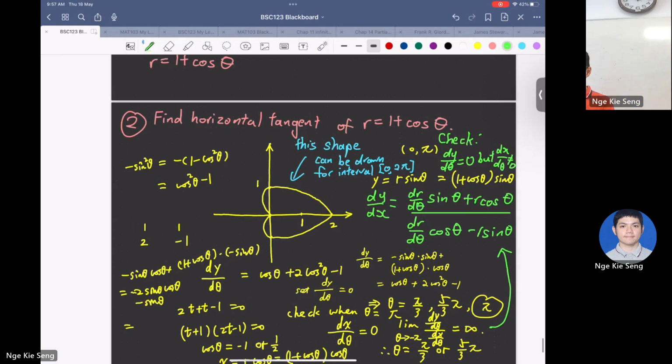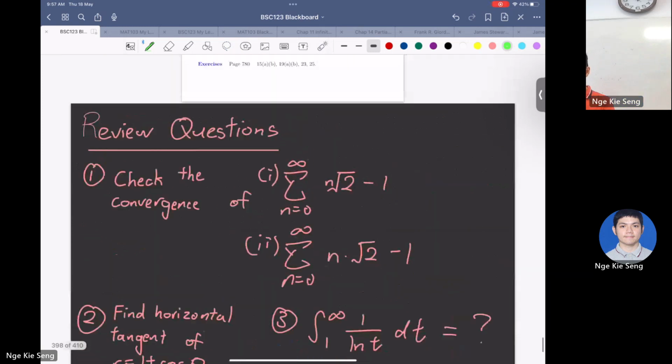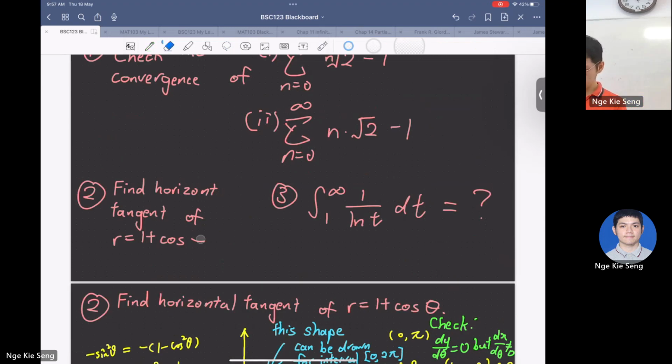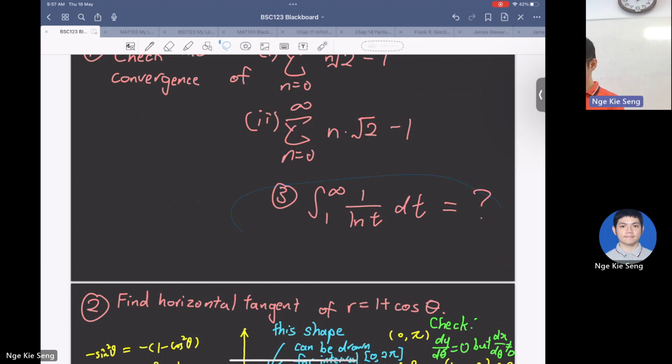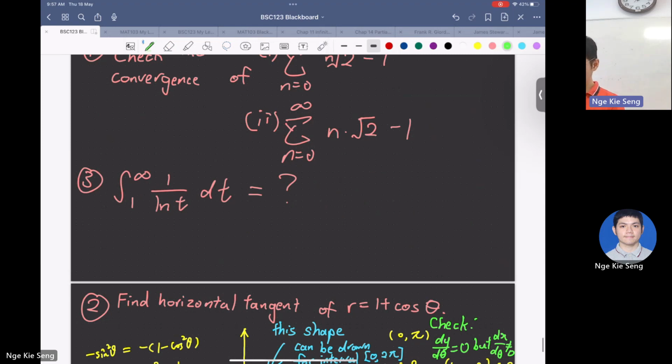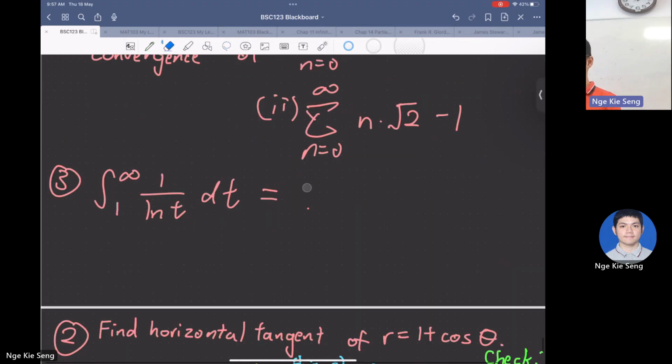Okay, let's go to question 3 first. So last time we said that this is very hard to integrate. So what can we do? You integrate until infinity, right?